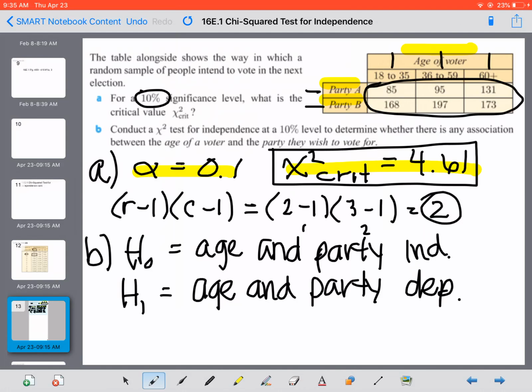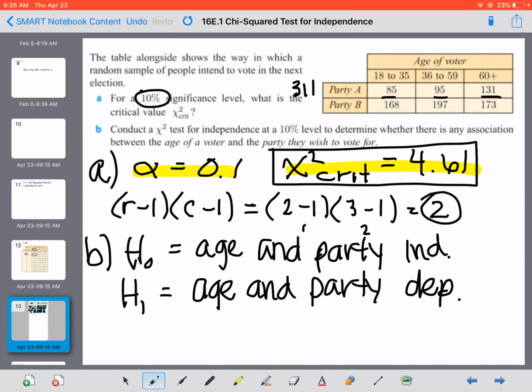What we need to do is find our expected, and in order to do that, we need our sums. When I add 85, 95, and 131, I get a sum of 311.